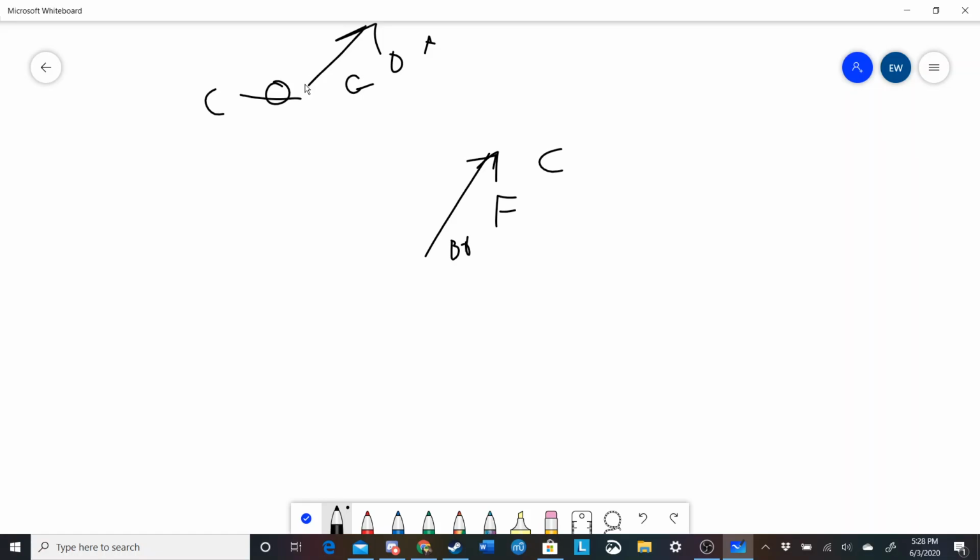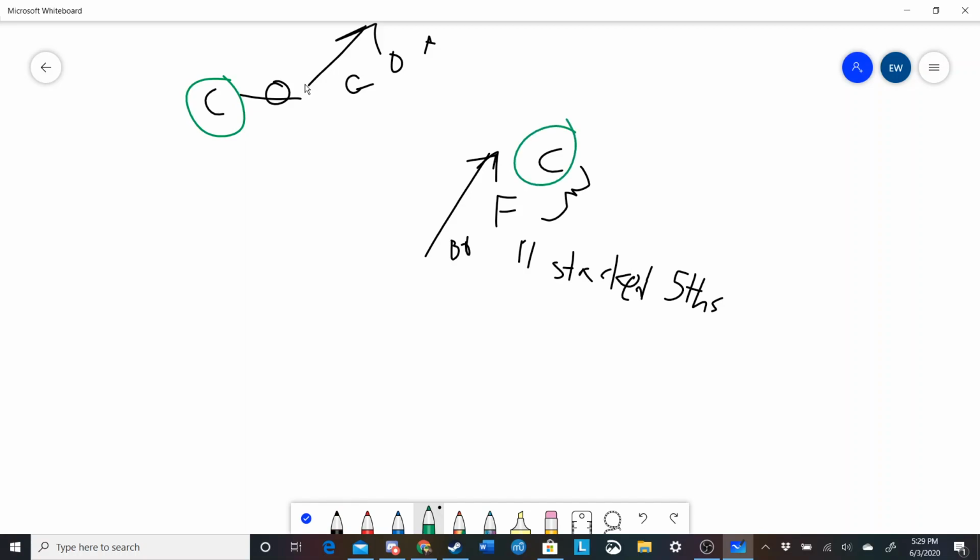And the hope would be that this interval right here between the F, which is 11 stacked fifths, and our original C, so this is the same C as back here. I should really specify, these two C's are going to be the same. We want this interval to be a perfect fifth, right?